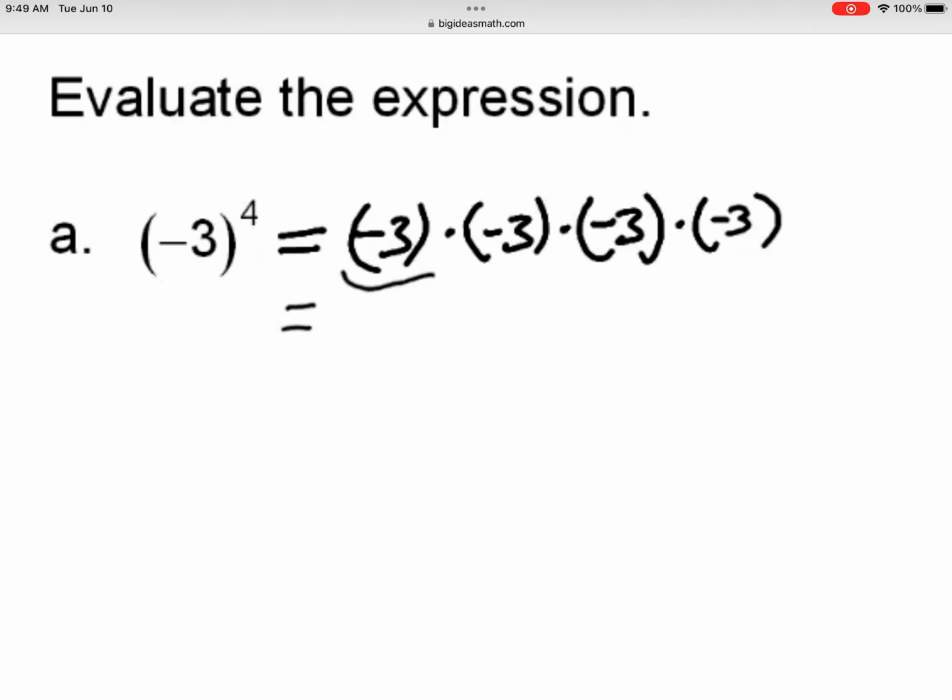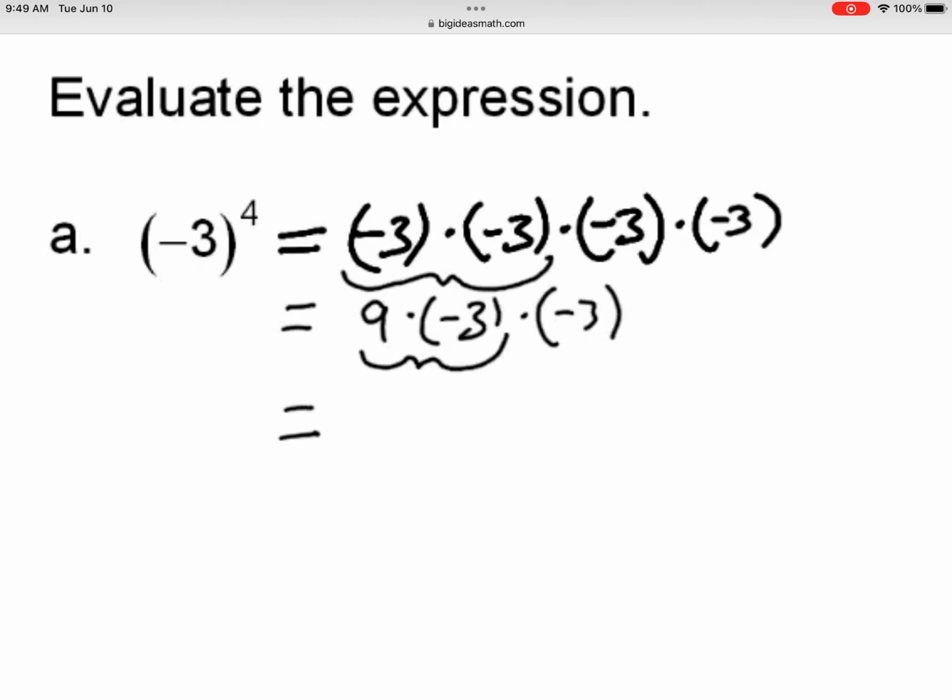Start with the first two factors at the left. Negative 3 times negative 3 is positive 9. So then write the last two factors again. Now take the next first two factors at the left. 9 times negative 3 gives you negative 27.